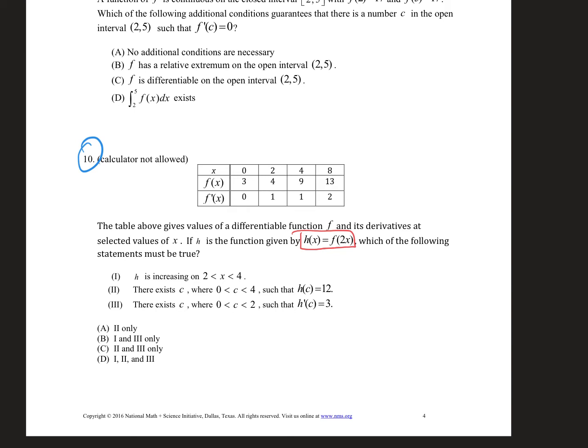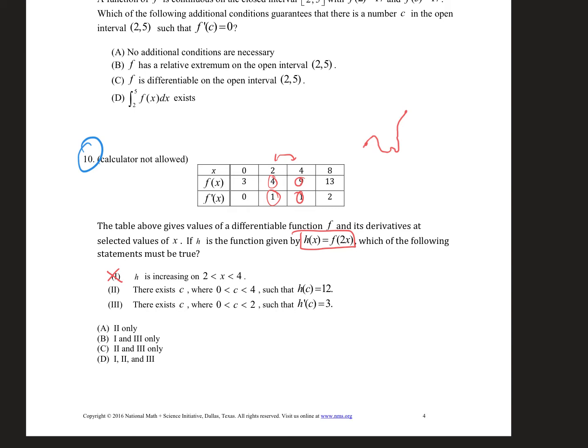If we look at the actual chart, yes, the y values go up from 2 to 4, and yes, the slopes are positive at 2 and 4, but we don't know what's going on in between these x values. The graph could actually be like at 2, 4, and 4, 9, but then do something like positive slope there, and then back to a positive slope here. We just don't know. So we can't say that one is true necessarily. It could be, but it's not required to be.